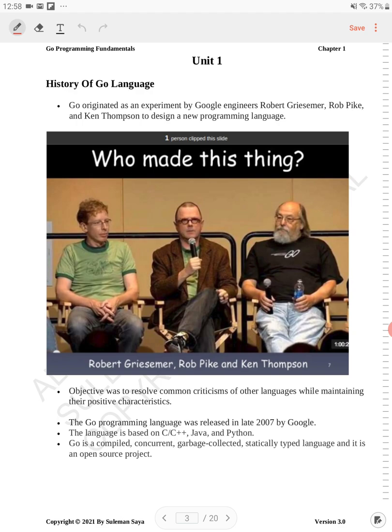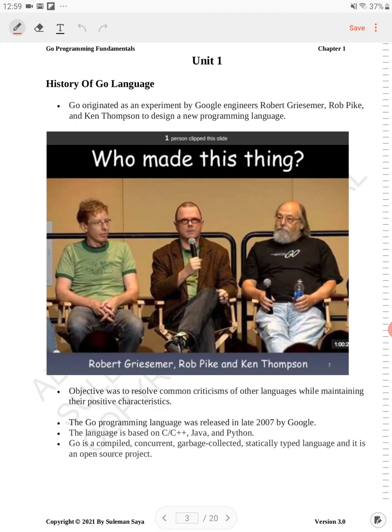Basically, Go is a statically typed compiled language that generates the machine code. So, it is not like Python. It is not an interpreter. It is actually a compiler. It's a compiled language.